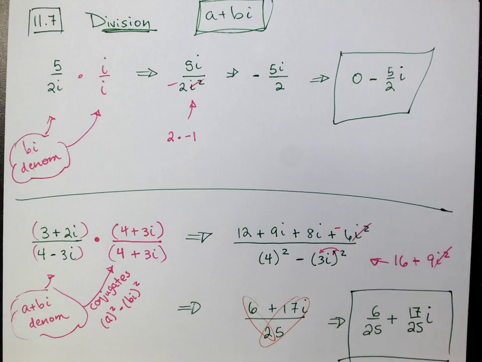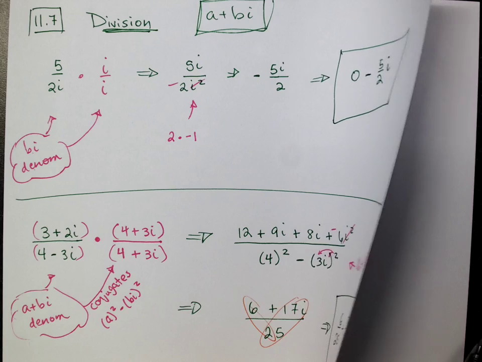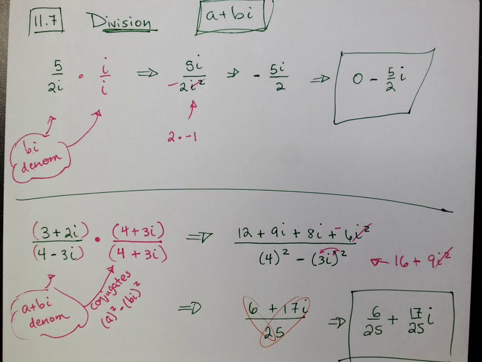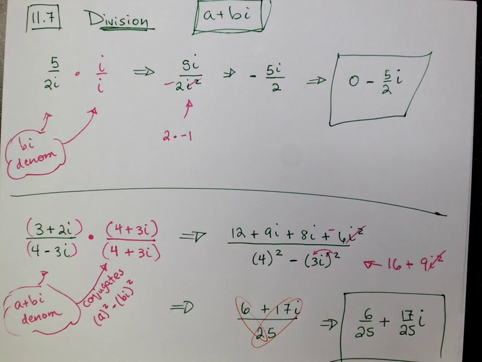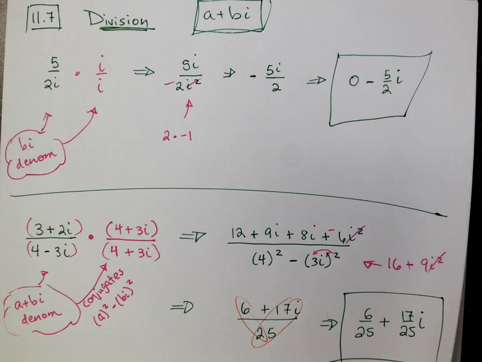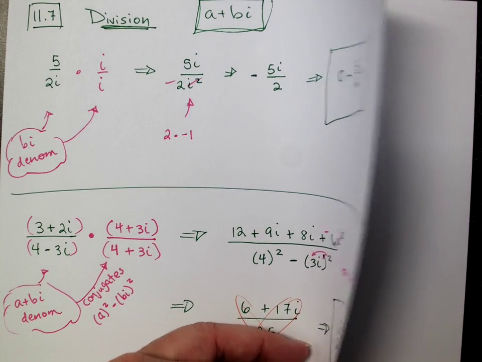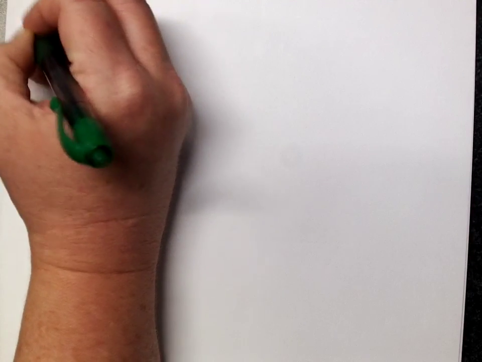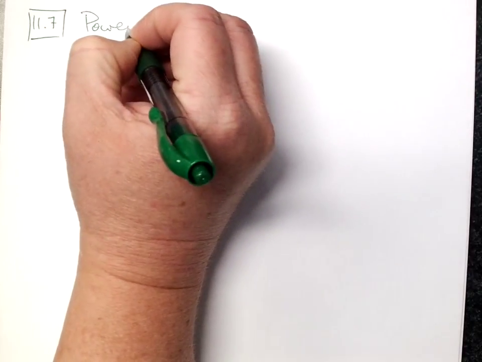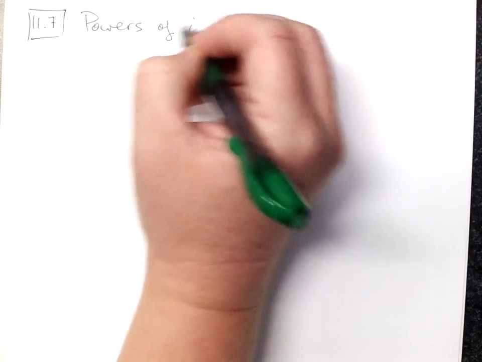And now we'll finish up 11.7 by looking at powers of i. So still 11.7, powers of i.